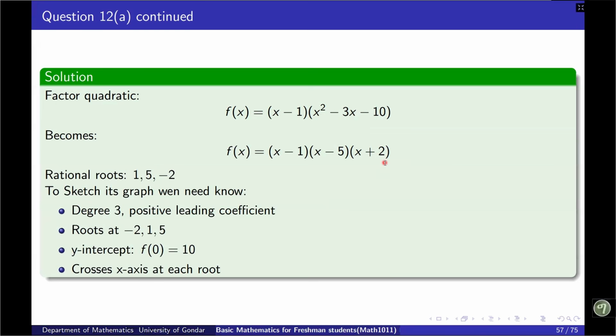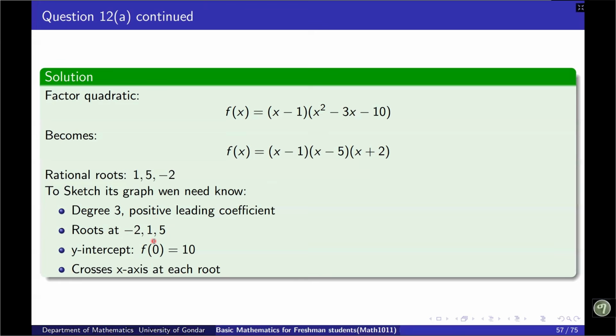Then, just to check, we sketch the rough graph of the given polynomial function. We need to know the degree is 3 with a positive leading coefficient, so that it is increasing. The roots are minus 2, 1, 5, which are the expected x-intercepts of the graph.